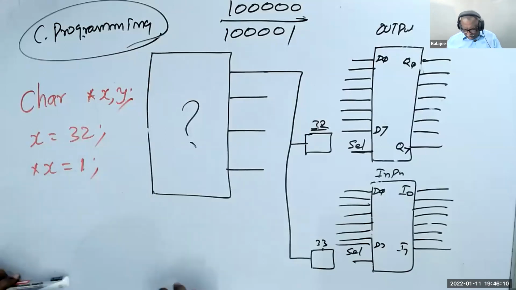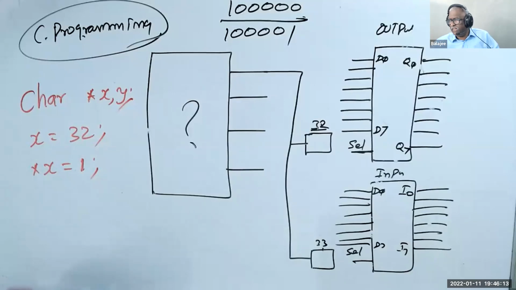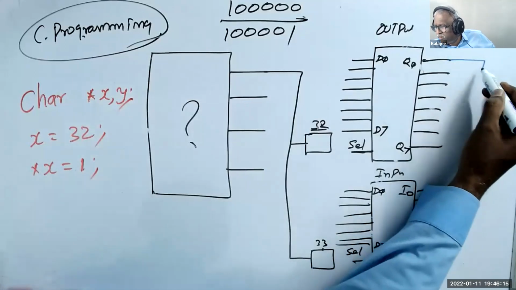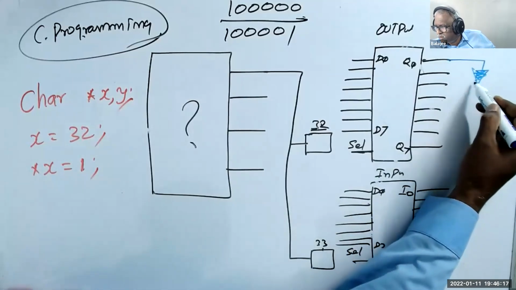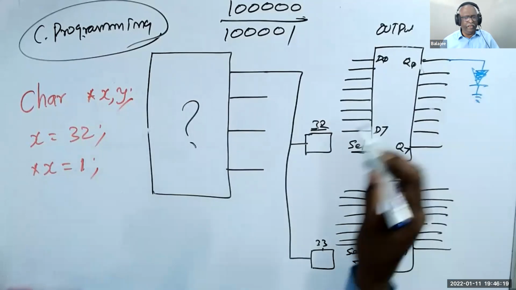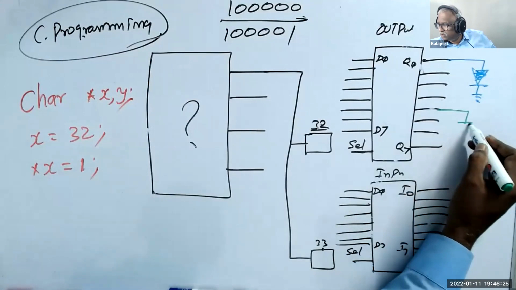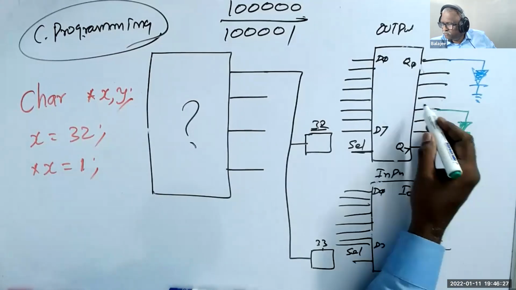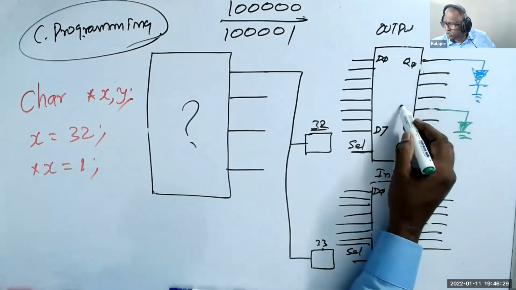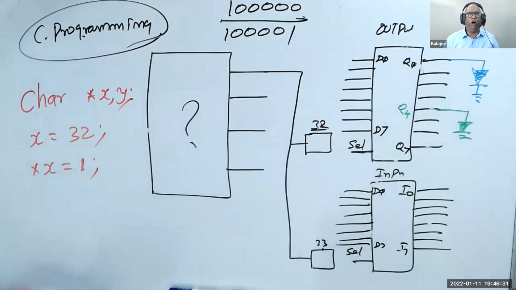Let us assume that I connect here a LED, a blue LED. Now I connect the green LED here, bit 0, bit 4. On bit 7, I connected a red LED.